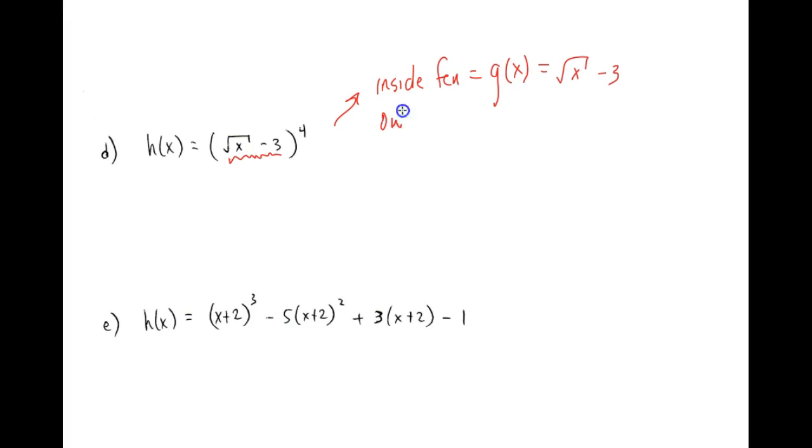And our outside function will be f of x, which is blah raised to the 4, or simply put just x raised to the 4, where in this case we're putting x inside of the box there.